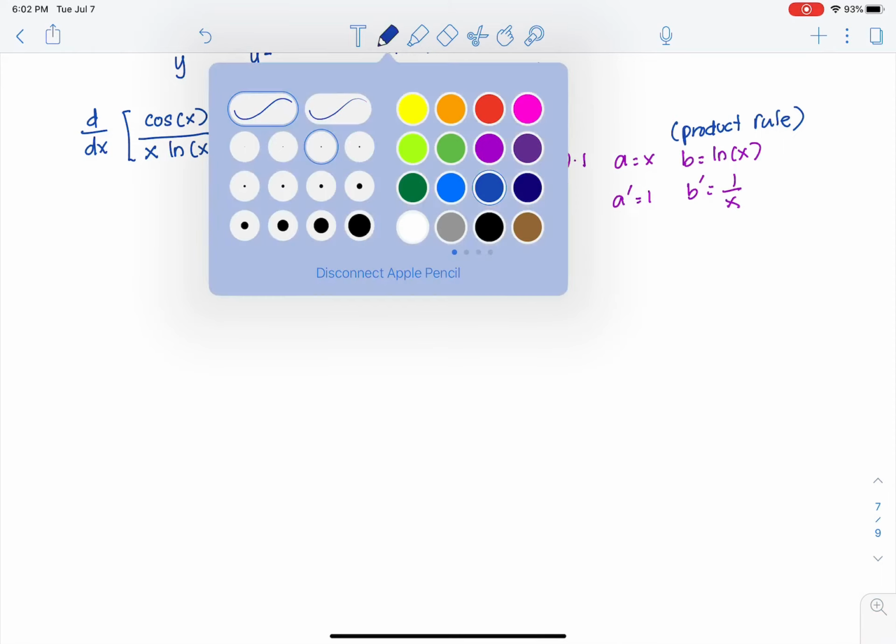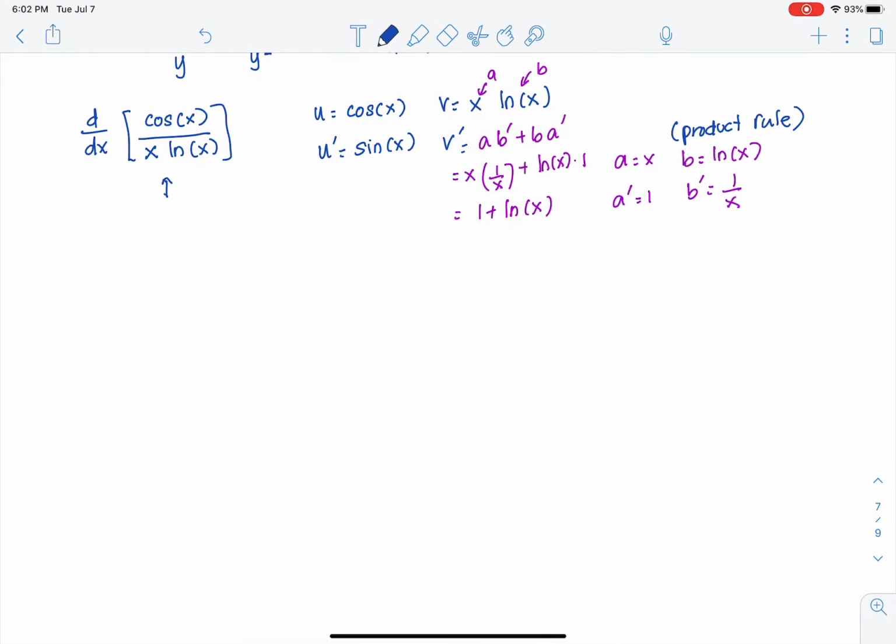So we're doing this so that we can find the derivative of that term. So d over dx cosine of x divided by x ln of x is equal to v u prime minus u v prime divided by v squared.